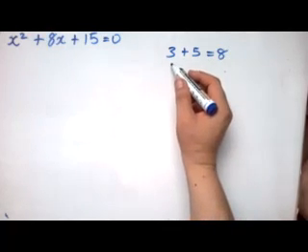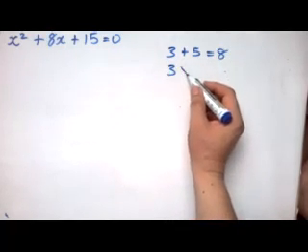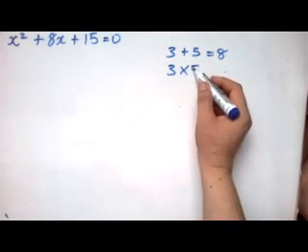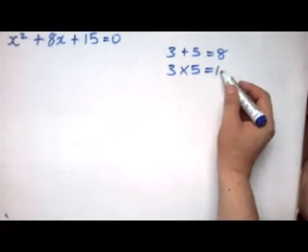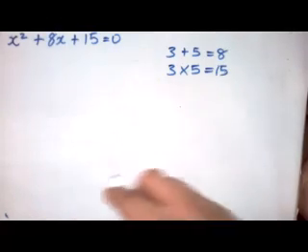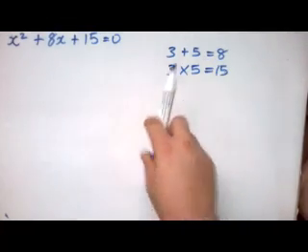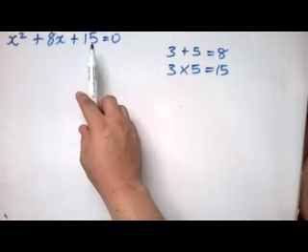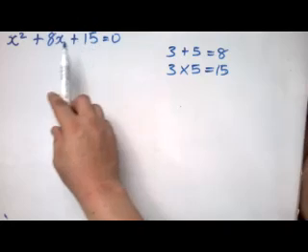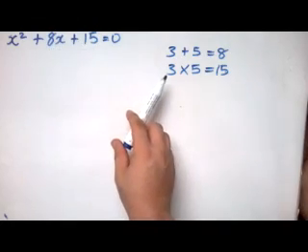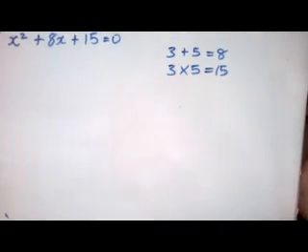And when you say 3 times 5, it will give you 15. So the numbers that when multiplied give you 15, and when added give you 8, are 3 and 5.